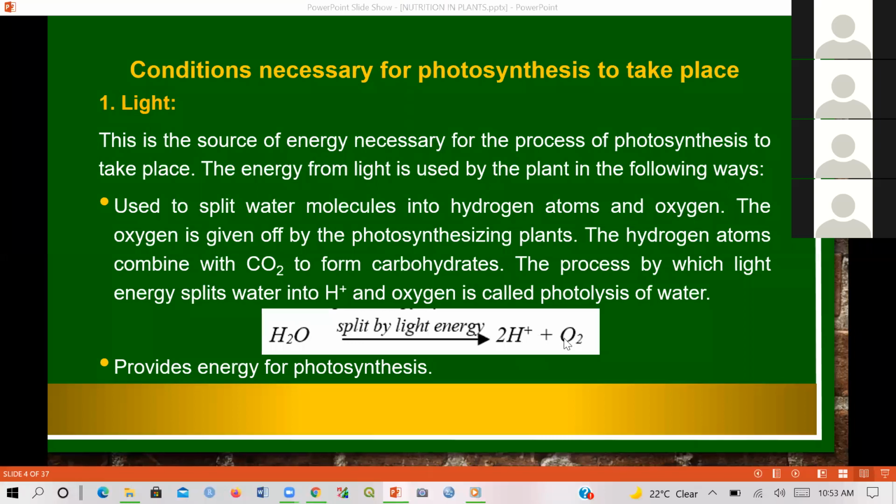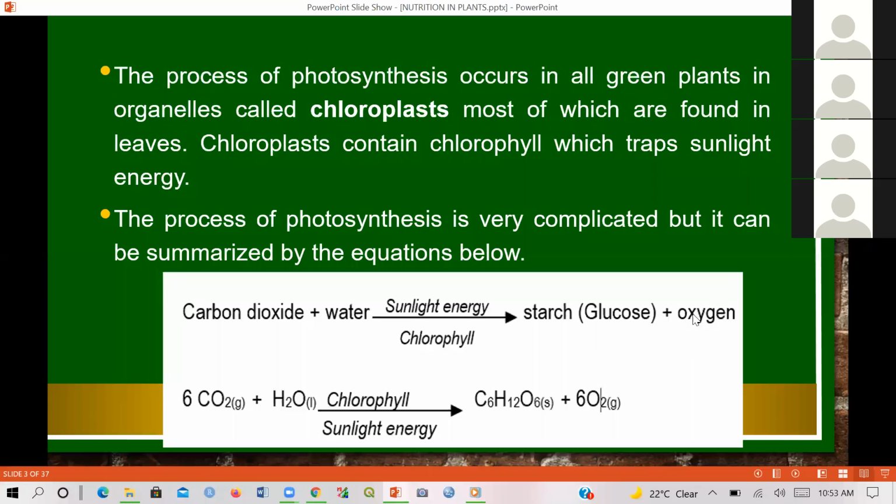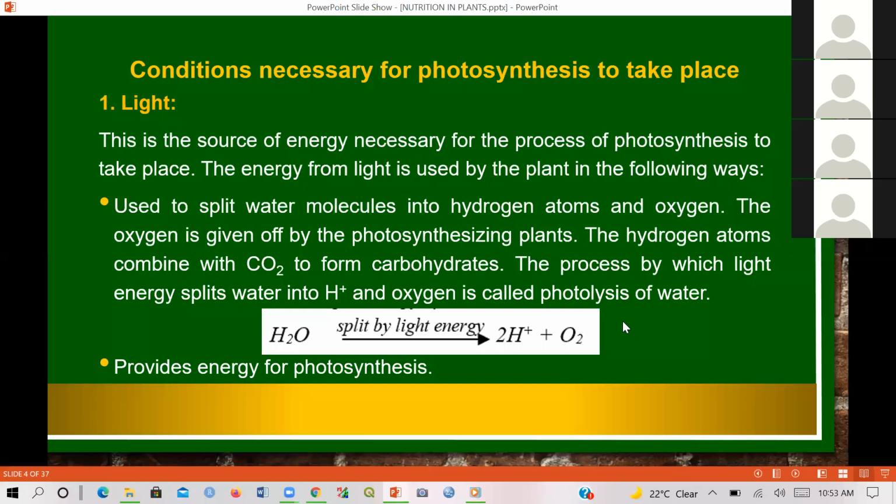This oxygen is the one that is released as a byproduct from this equation here. So this oxygen is coming from the water molecule. Then these hydrogen ions are now going to be added onto carbon dioxide to make the glucose.